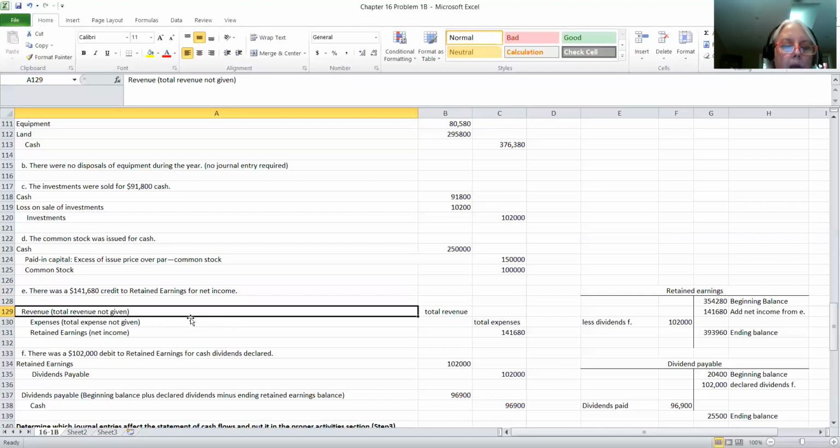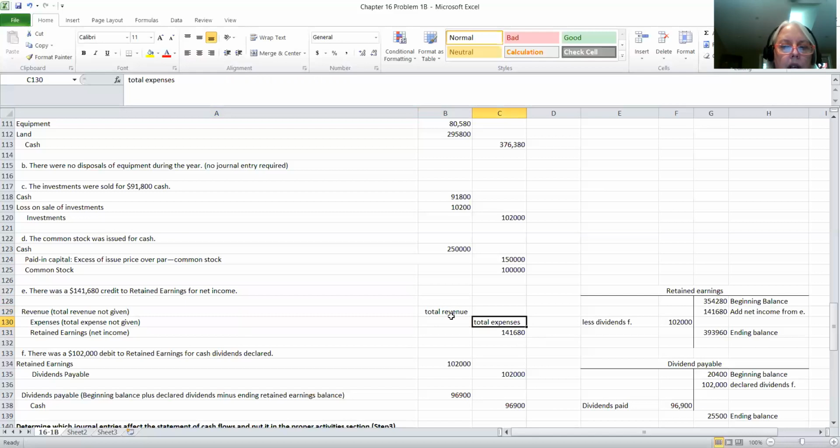To close out our revenue accounts, we would look at the income statement and debit the total revenue. To close out our expenses, we would look at our income statement and credit the total amount of our expenses. We didn't know either one of these figures, so I really couldn't put an amount in there for you. But what we do know is that there was net income, and the net income is going to add to our retained earnings balance.